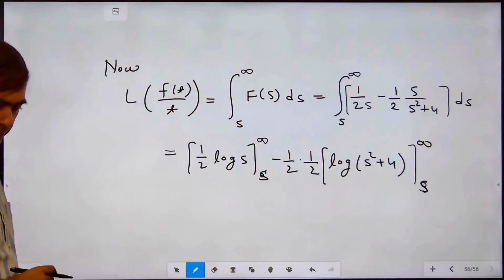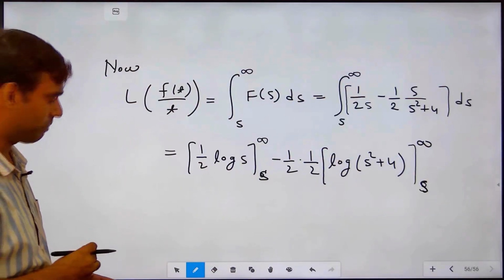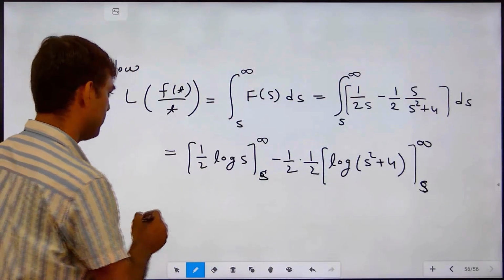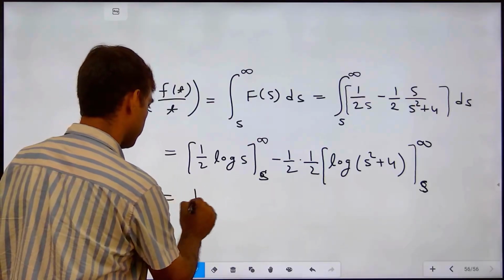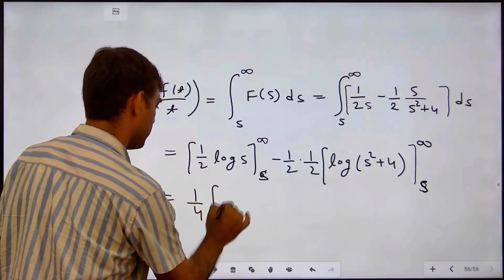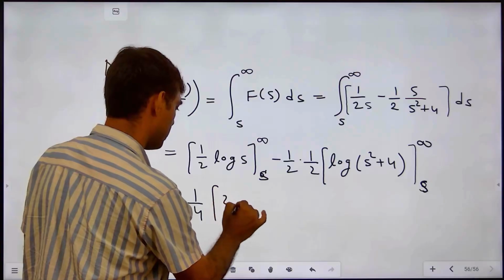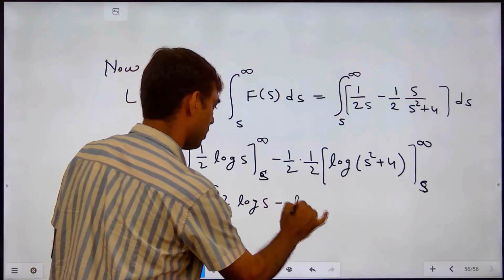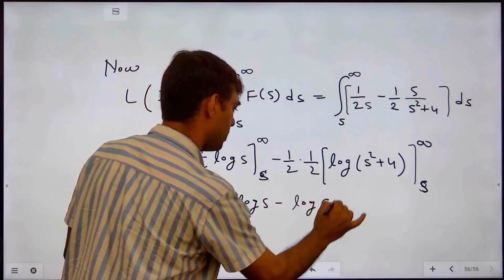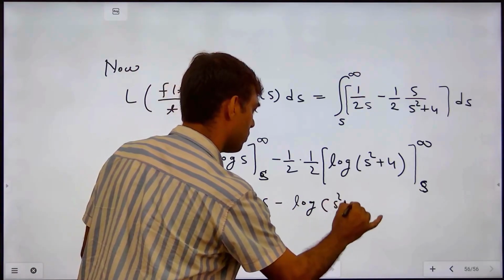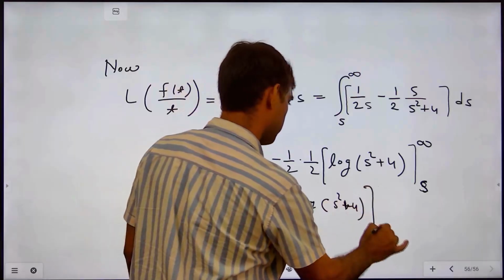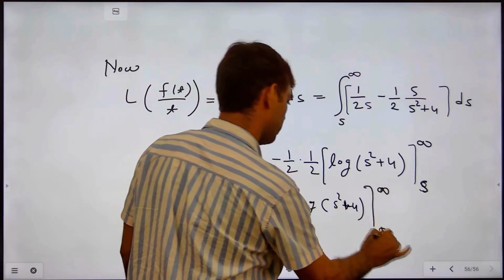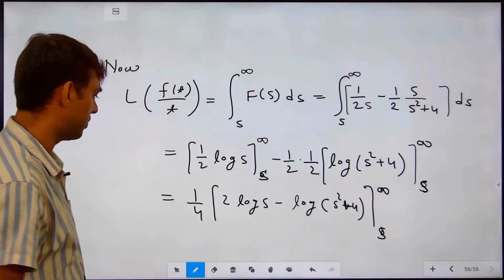We may write this as 1/4 outside, and this becomes 2 times log s minus log (s²+4), with limit s to infinity.